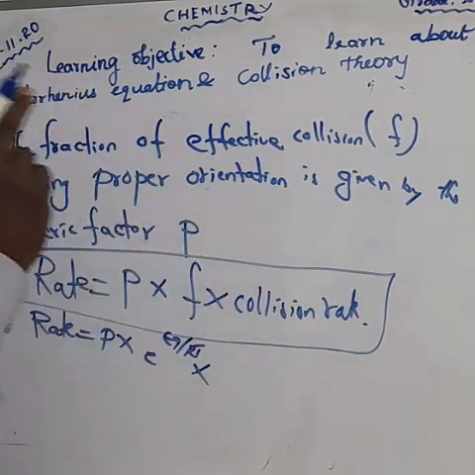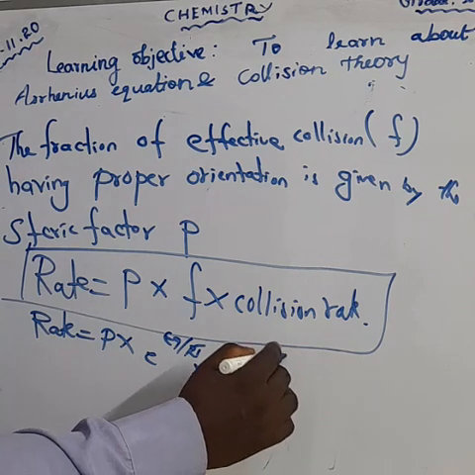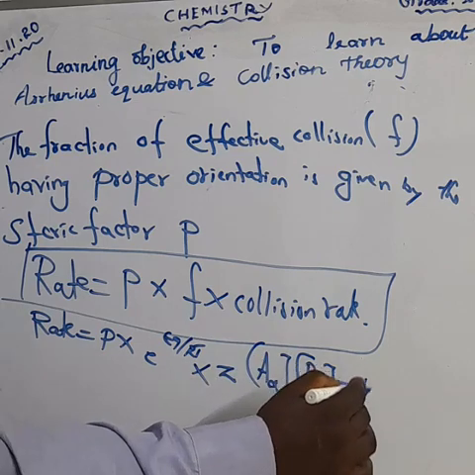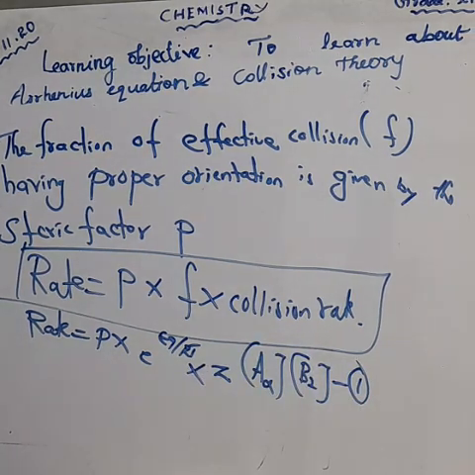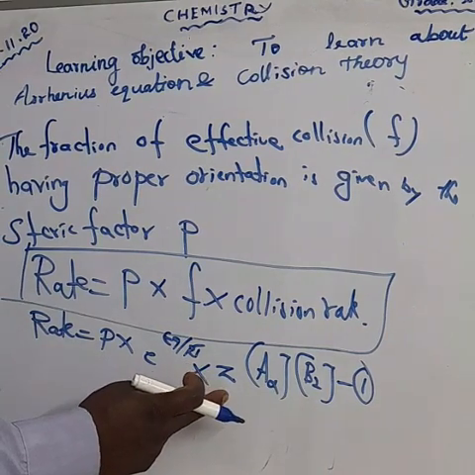What is the constant? That is Z constant, Z, that is A2 B2. We can use the equation number 1, the rate we learned previously.